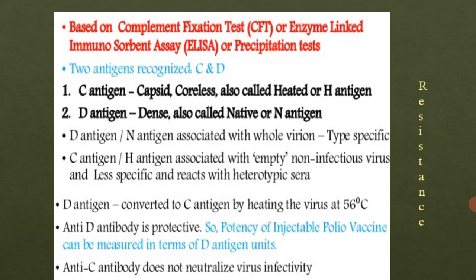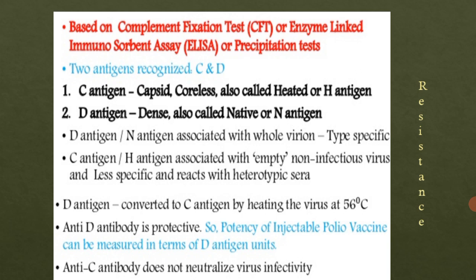Then the anti-C antibodies. These antibodies will be specific for the C antigen. Anti-C antibody does not neutralize the virus infectivity, whereas the anti-D will neutralize the virus infectivity, and therefore it is a protective antibody.